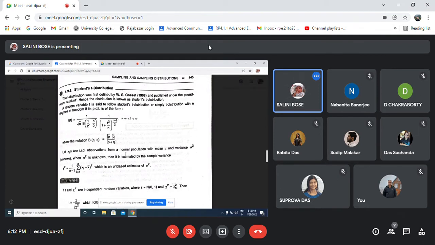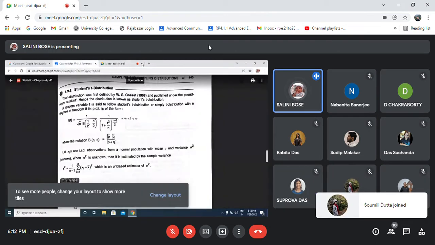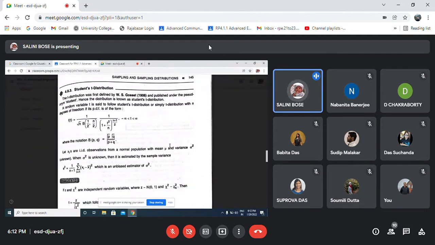So if xi are independent and identically distributed observations from a normal distribution with mean mu and variance sigma square, where the population variance sigma square is unknown, then you can use Student's t distribution.